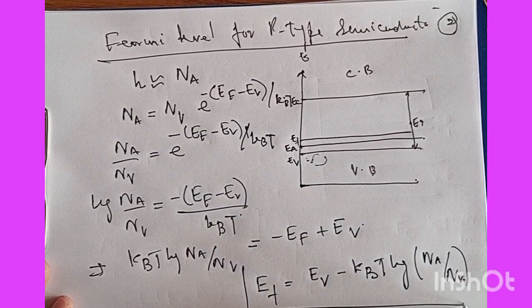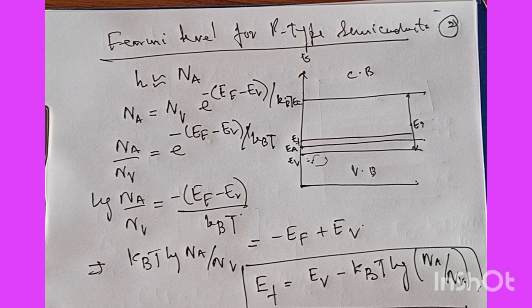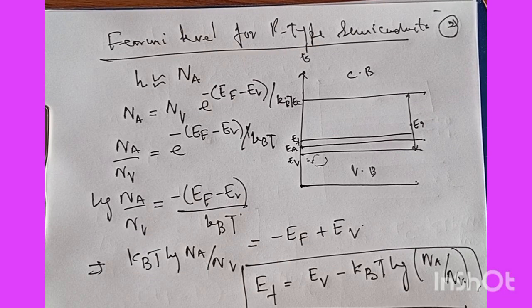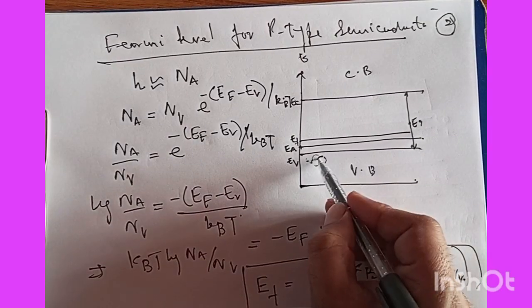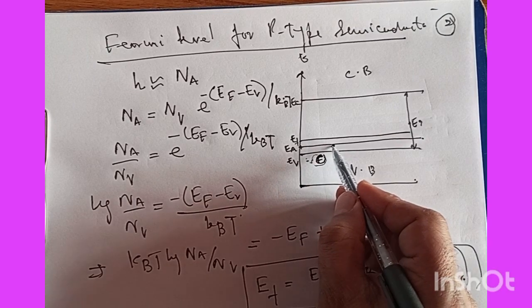So this gives me the final expression for the Fermi energy in case of p-type semiconductor, and we can better understand that in this case we have the acceptor level because we are doping the pure semiconductor with a trivalent impurity, and this trivalent impurity generates holes, right? And these holes are created at room temperature. These holes are created in the valence band, and electrons jump to the nearest acceptor level.